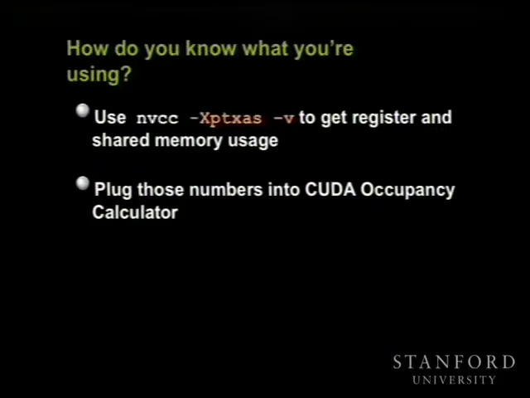It tells us for each kernel how many resources it actually uses when it's all done. Then you can take those numbers, and there's an Excel spreadsheet you can download from the internet which can tell you what your occupancy will be. So you can figure out if this is a problem or not.